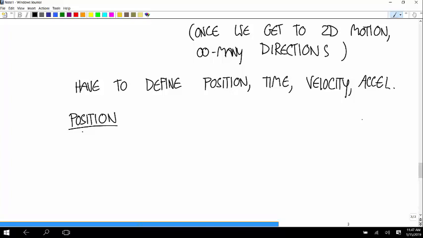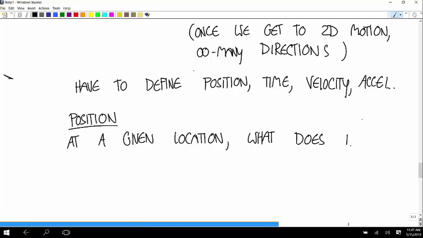So at a given location, what does it take to express that location numerically?